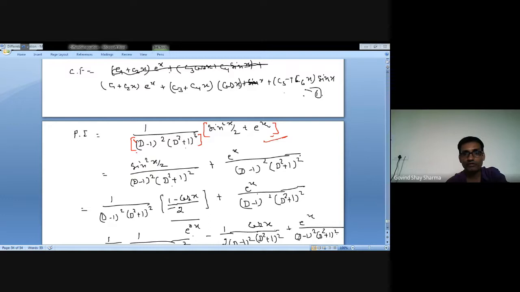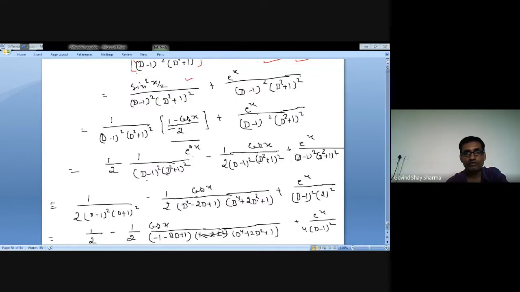Okay, this is fd. So separate both functions here. We can write sin square x by 2 as 1 minus cos x by 2, and e gets this form. So we separate both terms, and 1 we can write as e to power 0x, and this is cos x.